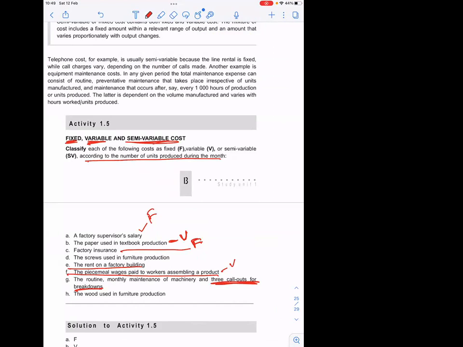It is fixed for the monthly agreement, then increases for every callout. The wood used in the production of furniture: as we increase furniture output, we increase the demand for wood. Hence, that makes it a variable cost.